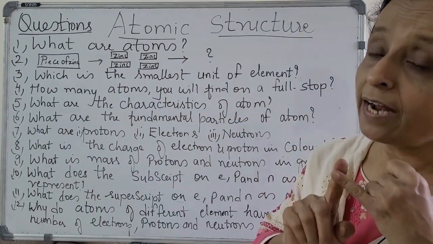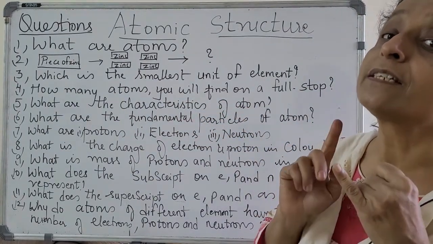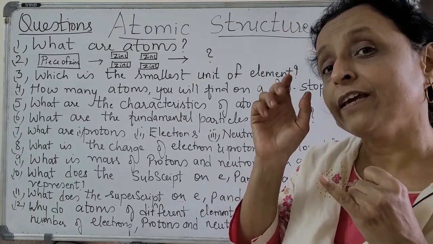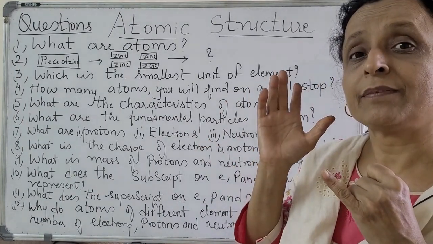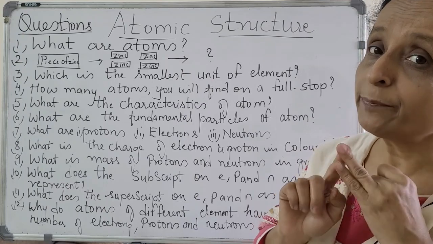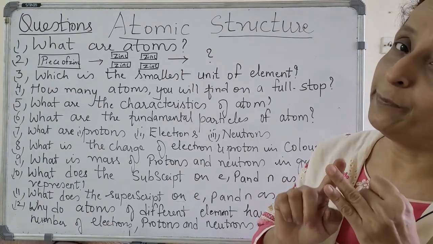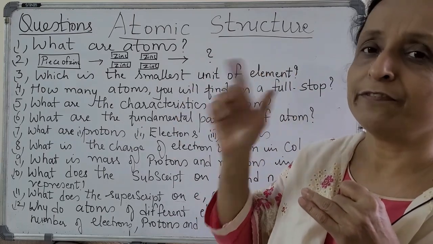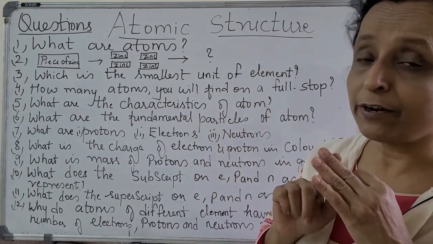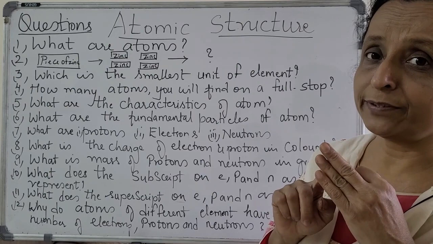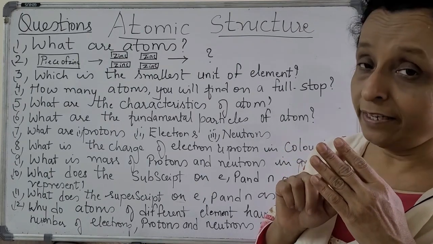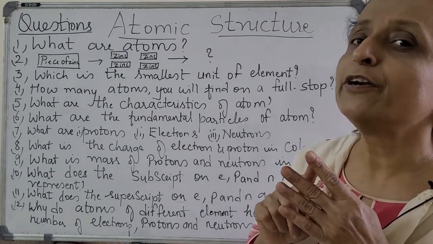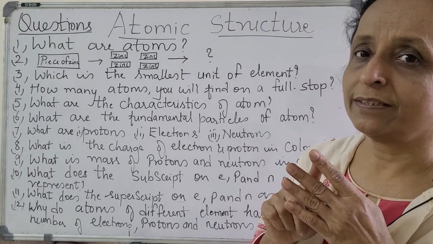What are the characteristics of atom? Now, atom is the smallest particle of the matter. The atom of the same element will be same and different element will be different. It cannot be divided further. It can neither be created nor destroyed.